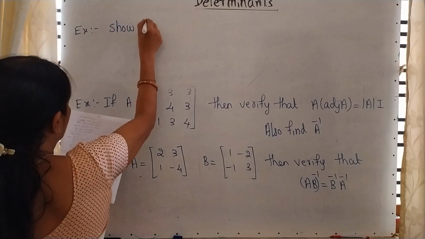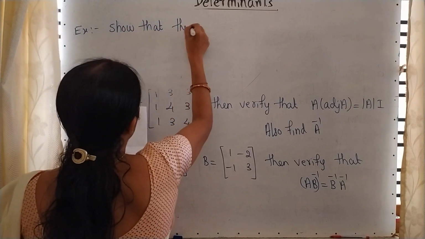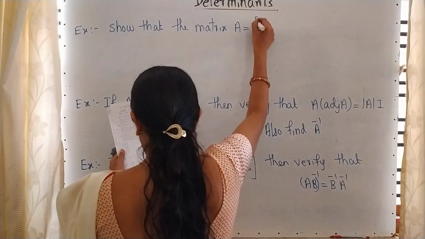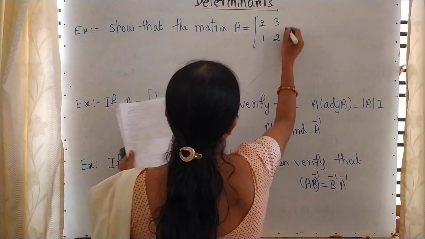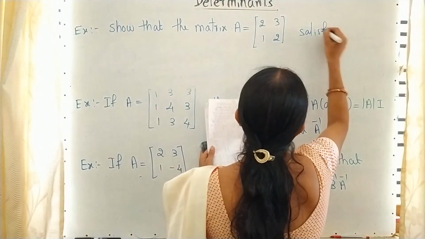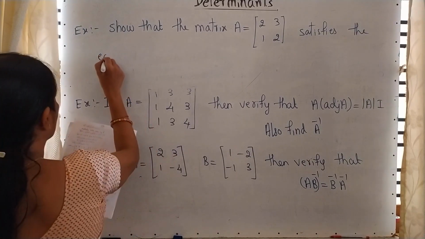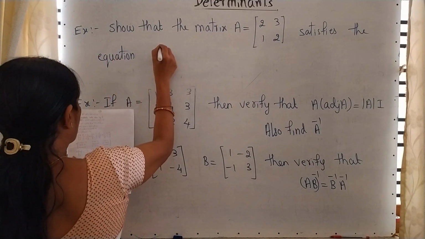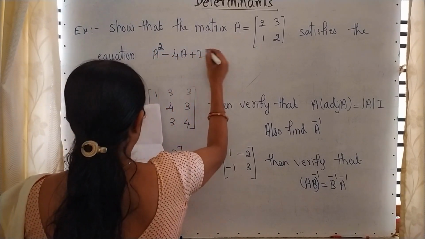Show that the matrix A is equal to [2, 3; 1, 2] satisfies the equation A square minus 4A plus I is equal to 0.